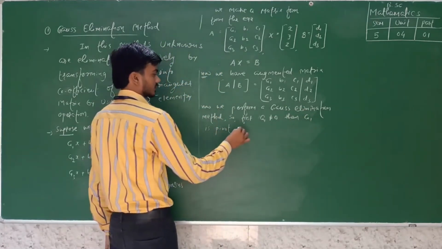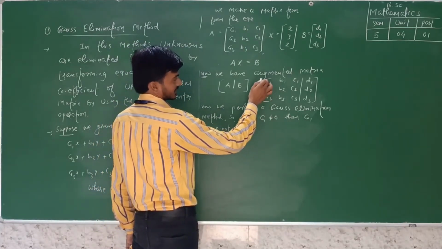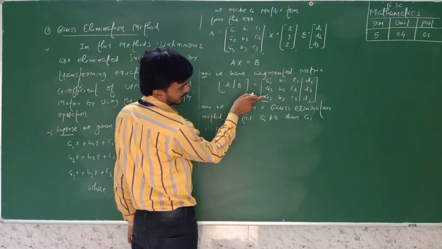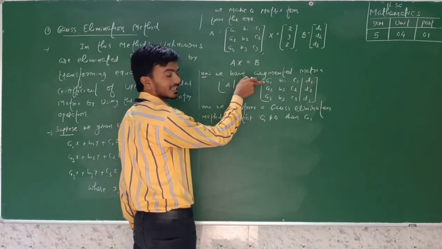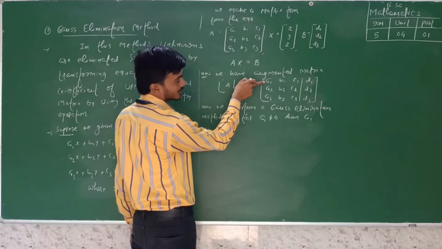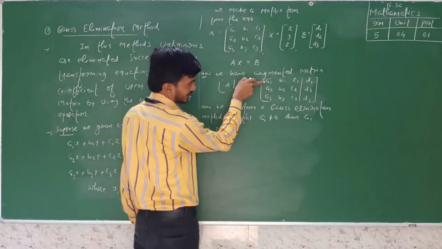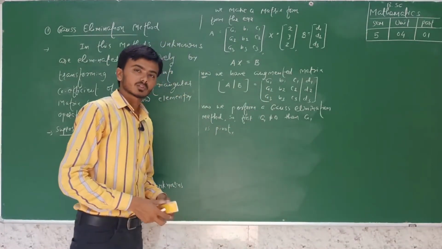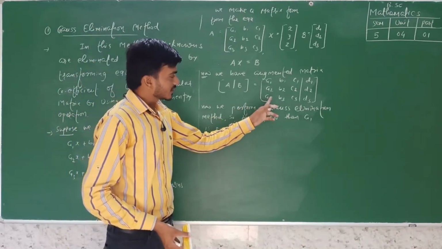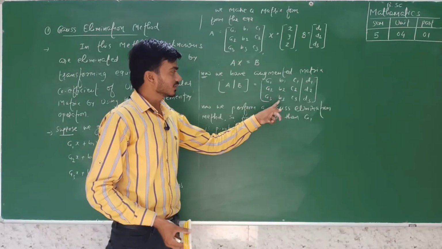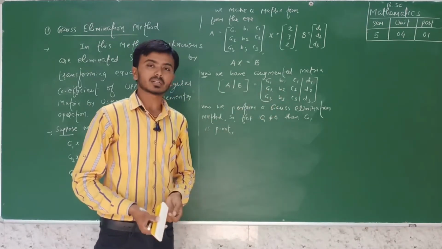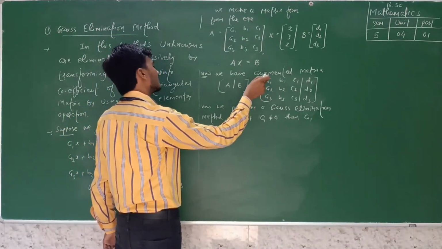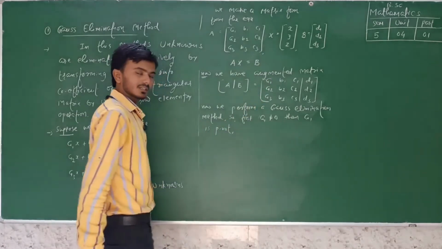Since A1 is not equal to 0, this element and this element are made 0 by using A1. इसका मतलब ये है कि A1 का यूज करके A2 और A3 का जो भी एलिमेंट है वहां पे हमें जीरो लाना है। So A2, A3 and B3, these three elements are zero, so this type of matrix is an upper triangular matrix.